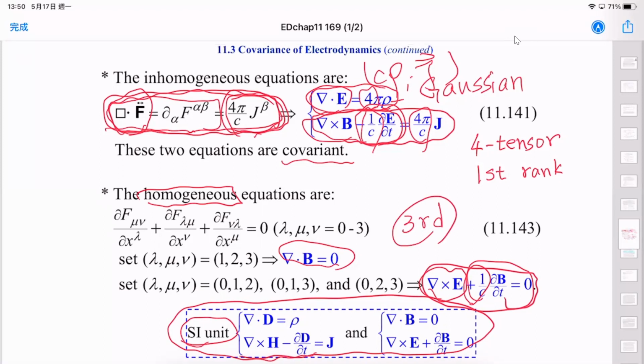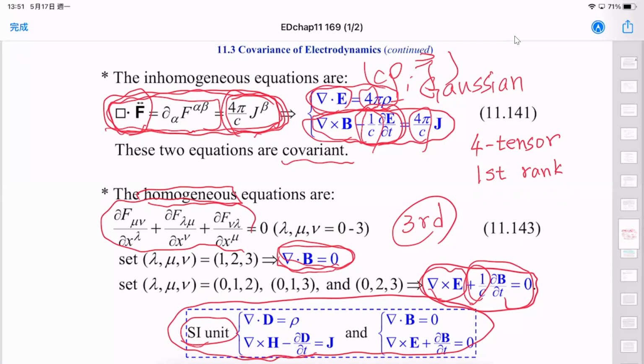In this case, if lambda, mu, nu equal 1, 2, 3, just permute with each other: 1, 2, 3, 2, 3, 1, 3, 1, 2. Permute. Then this one will be 0.